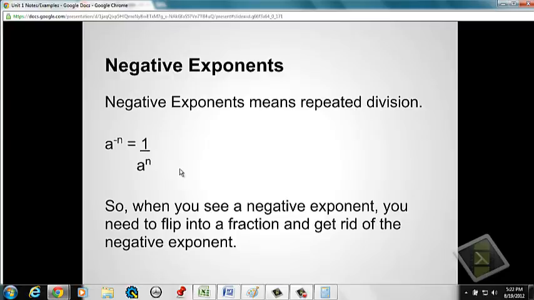So anytime you see a negative exponent, you need to flip it. So if it's not a fraction, you'll make it a fraction. If it already is, you'll just flip it onto the top side, and you get rid of the negative exponent. We're going to show a couple different looks to this in our next few examples. So that's what negative exponents is all about.